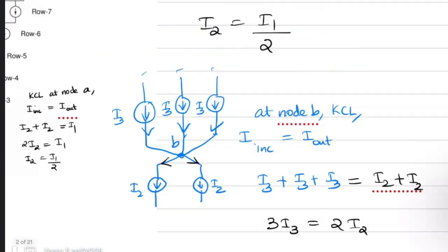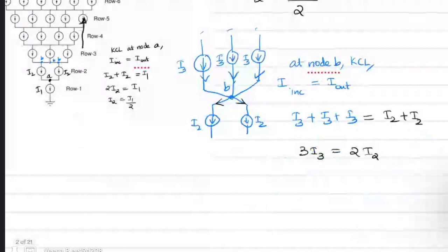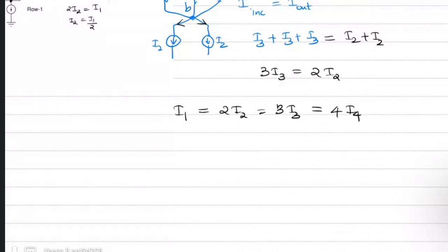If you go on applying KCL in these branches, when you move up, you will observe that I1 is equal to 2I2, which we already got, but 2I2 is again equal to 3I3, which will be equal to 4I4. So on it will go until 10I10.